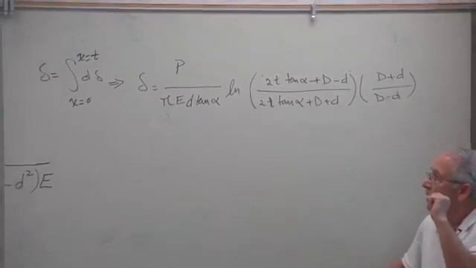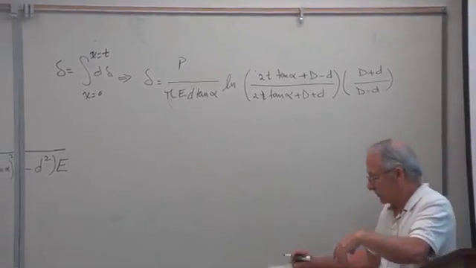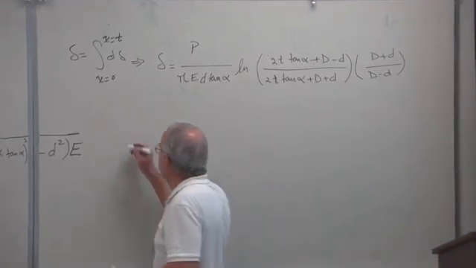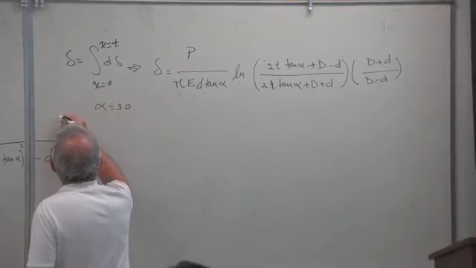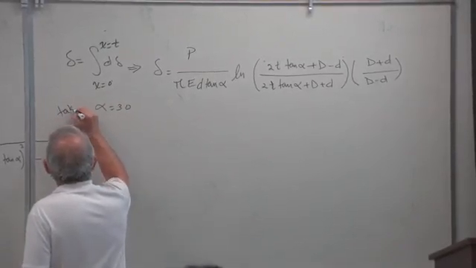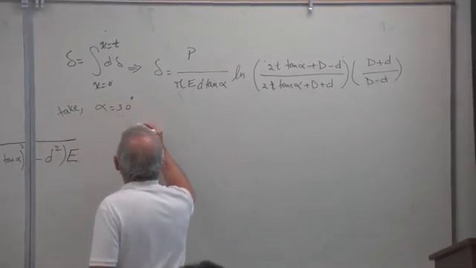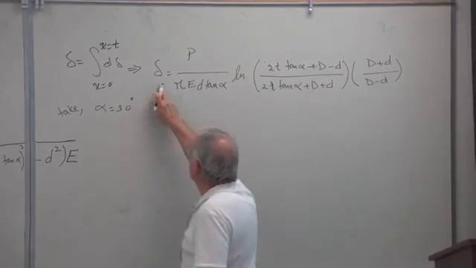If we use alpha equals 30 degrees, and that's what your book does, then we look at that equation.